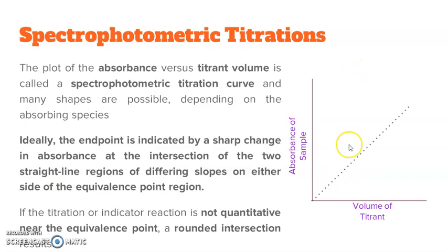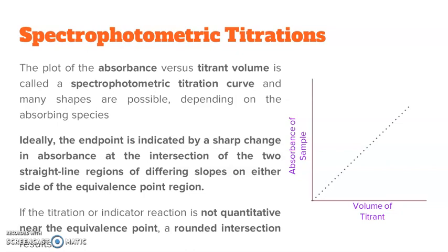Just imagine the shape of a V, wherein two different lines merge at one point, and that point would be the endpoint. We are talking about these two different lines, and the point where they intersect we call the endpoint, and usually that endpoint is sharp.